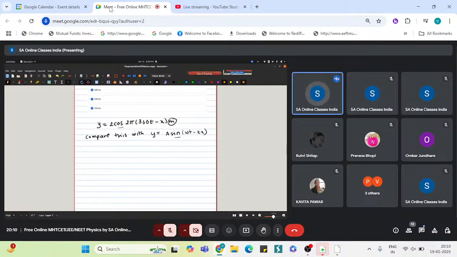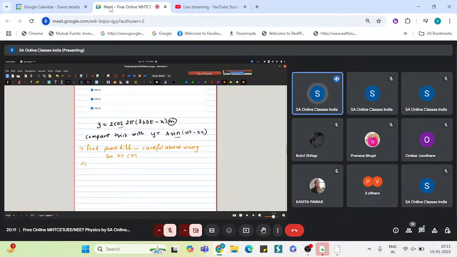If a question asks to find, let's say, the phase difference, then you need to be careful about whether it is sine or cos, because sine or cos adds a phase difference of pi by 2. So you need to be careful about using sine or cos in the functional form.